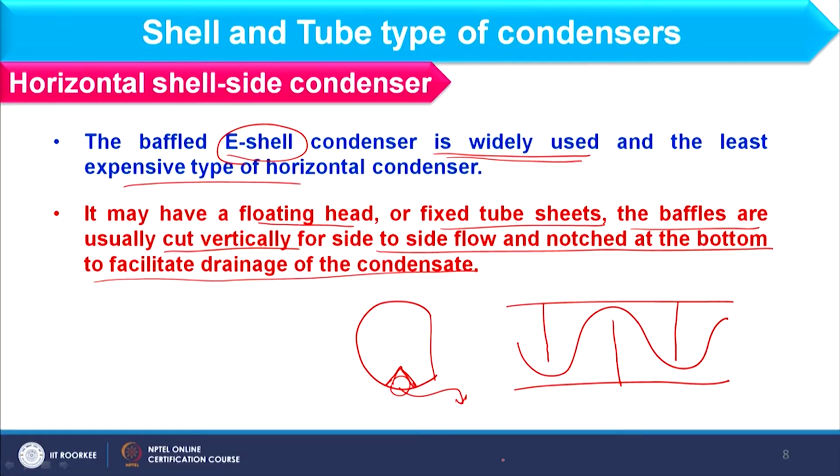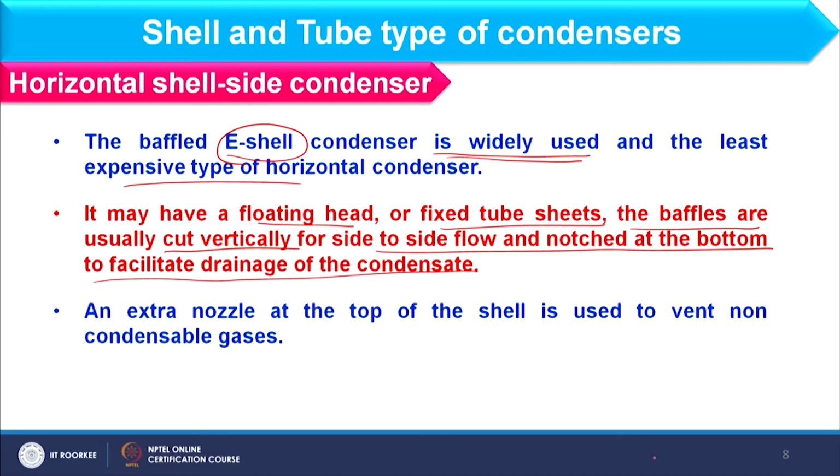You should keep in mind, in a horizontal shell side condenser, a vertical cut baffle is used with a notch at the bottom for drainage of the condensate. Further, we can have one extra nozzle at the top of the shell, which is used as a vent to remove non-condensable gases.